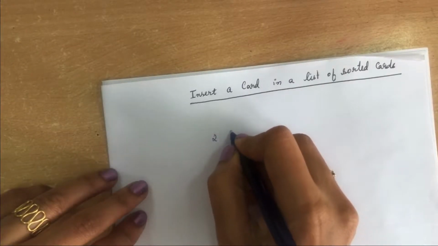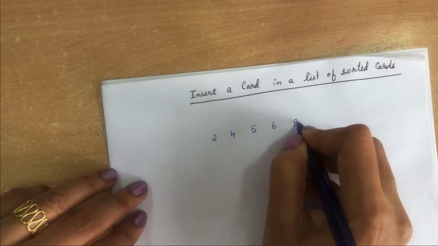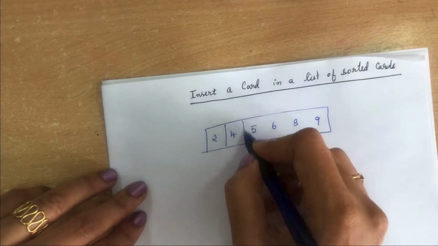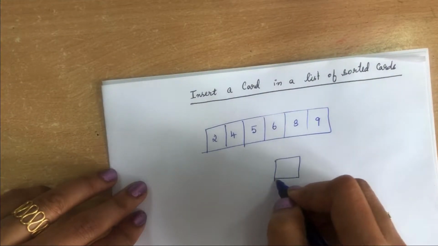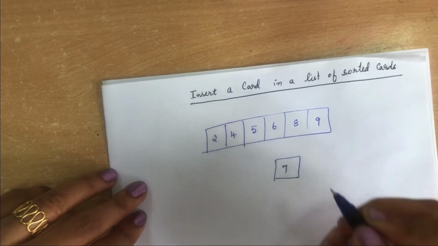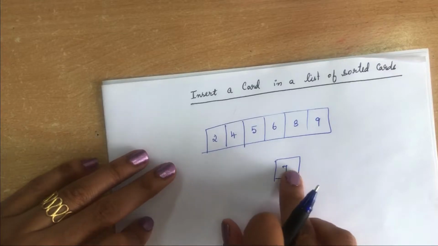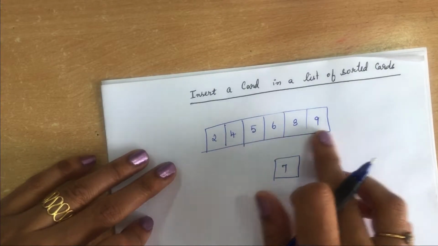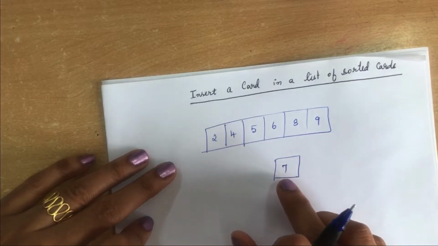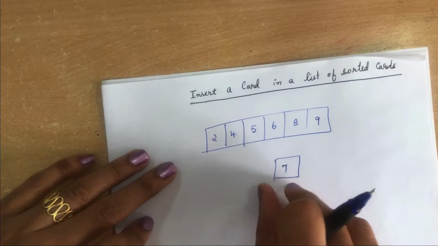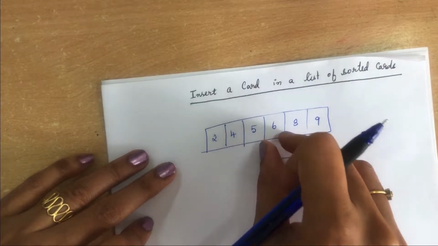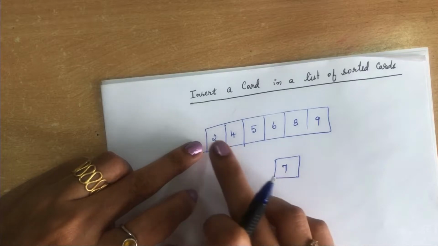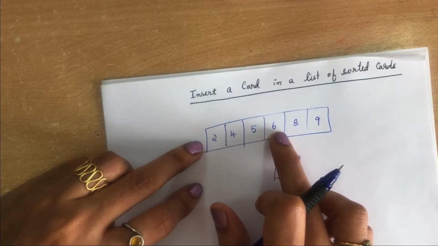Suppose for example I have a sorted list like this: 2, 4, 5, 6, 8, 9. I am going to insert a new element, say 7. The list is already in sorted order, so to insert this 7 in the particular position, I have to compare every element in the list with the new element and find the exact position.